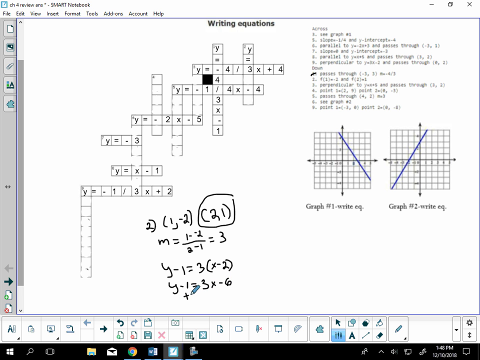Add 1. And you get y equals 3x minus 5. And that was right there.